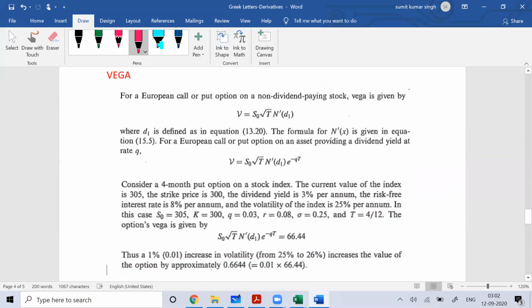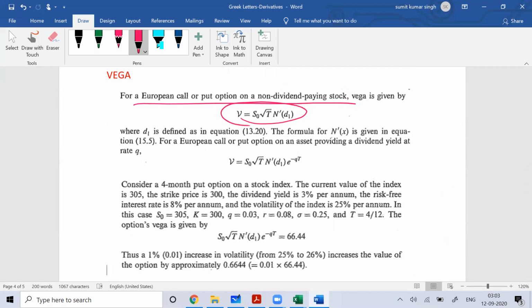Then there is a factor called Vega. Vega basically measures how the volatility in the market impacts the premium of the option contract. Volatility is measured by standard deviation or implied volatility. That is what we measure in terms of Vega.